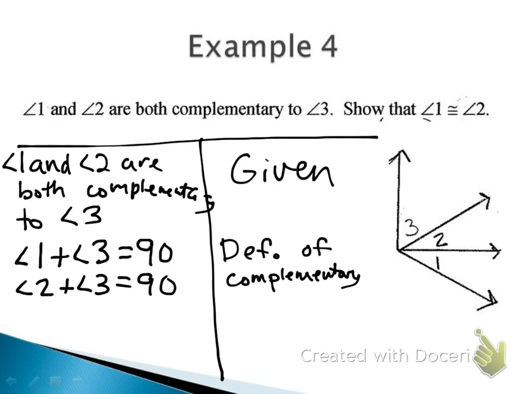Now, this next part's going to be tricky. This equals 90. So does this. So what can I say that they equal? I want to take the 90 out. I want to eliminate the middleman. So what can I say?